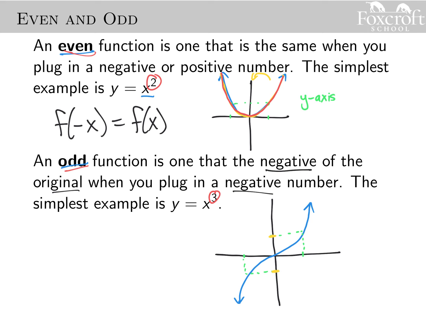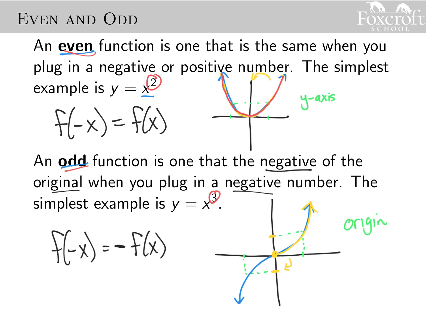And just to go in the same order as what we talked about in even, we say this one is symmetric about the origin. So if I take this right-hand side and I rotate it around the origin, which is that point right in the middle, it's going to become the left-hand side. And notation-wise, an odd function, if I plug in a negative, I'm going to get the negative version as if I plugged in the positive.